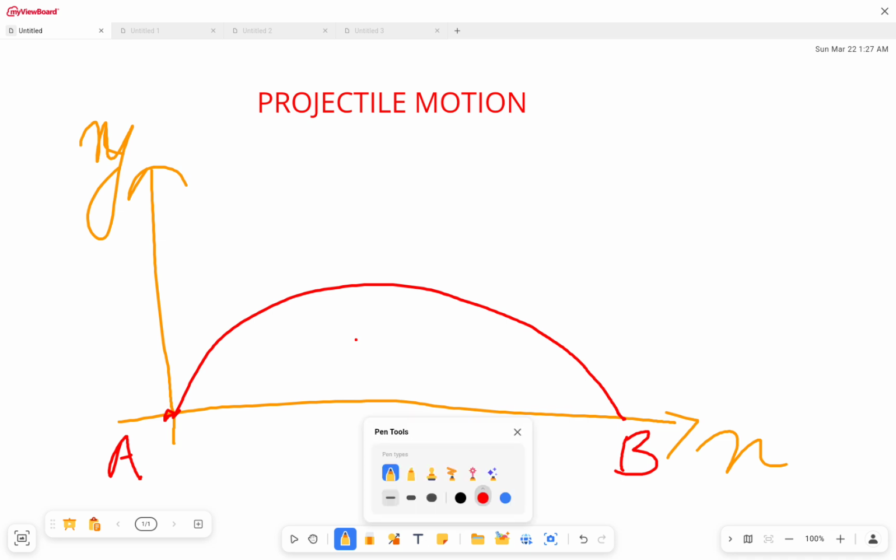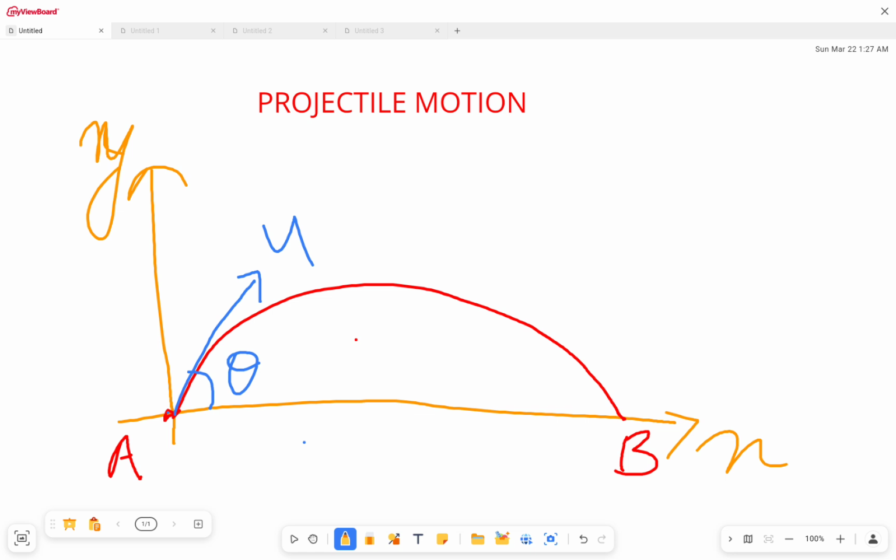So suppose you are throwing a stone from point A at a velocity u at an angle theta from the ground. At any point along this trajectory the stone will have two components.